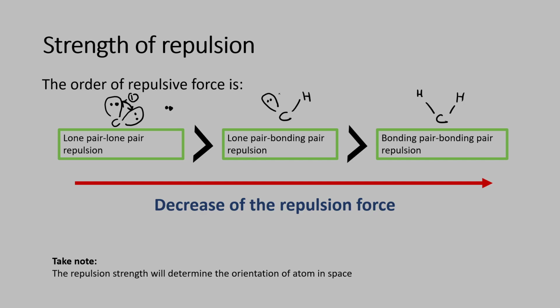This is the highest, while bila lone pair tolak bonding pair is the second strongest, and this is the weakest. Bonding and bonding very weak. Okay, if you look at this, bila dia lone pair, dia tak bonding dengan everything, the area orbital dia is bigger than bila dia dah bond.